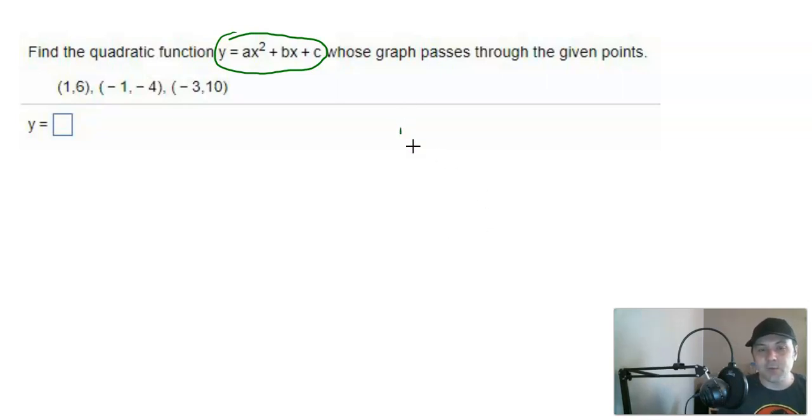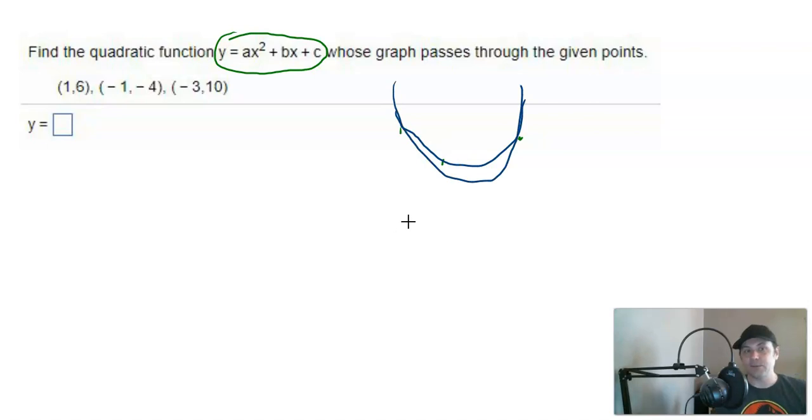So if I just give you 3 random points here, there's only one parabola that can possibly pass through those 3 points, which doesn't seem possible, right? Because in my imagination, I can think of lots of U shapes that I could somehow pass through those 3 points. But it turns out that there's only one parabola that can possibly pass through 3 given points. Just like there's only one line that can possibly pass through 2 points. And this exercise really proves that.